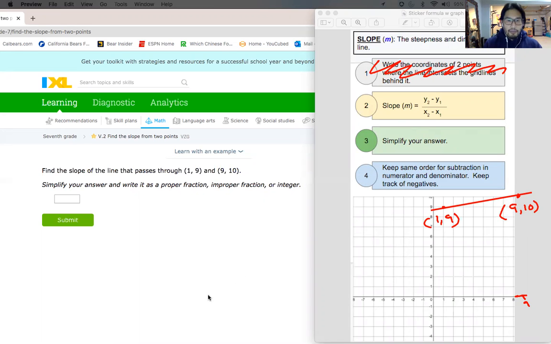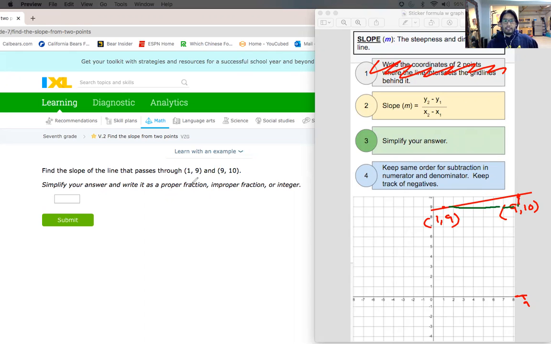So I'm going to draw a little triangle here just to remind us that slope is the vertical distance, which I always do in red, so I'll keep the red going here. It's a ratio of the vertical change to the horizontal change. So we've got to figure out the slope of this line in red right here.